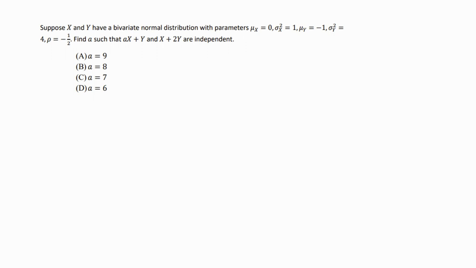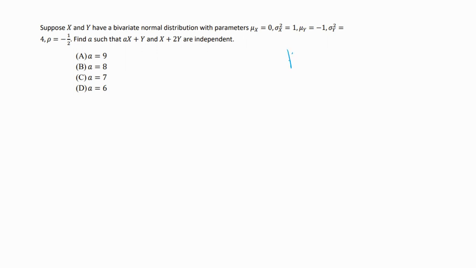If two variables are independent, that means expectation of x y is equal to expectation of x into expectation of y. That means covariance of x comma y is 0, or correlation is 0. So correlation is 0, which means covariance is also 0.